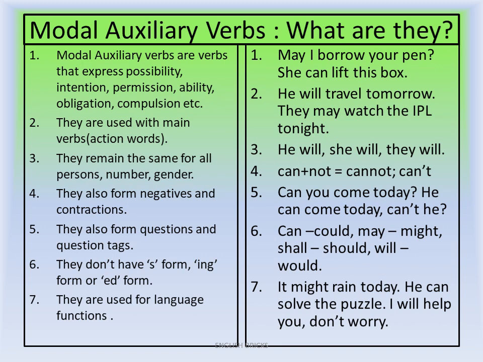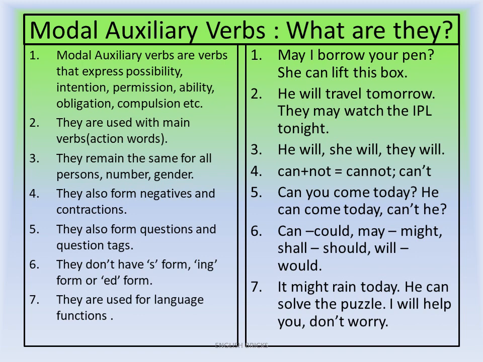So you see these expressing possibility, expressing intention, seeking permission, talking about one's ability, talking about obligation, compulsion, etc., willingness. All of these are nothing but language functions, the functions for which we use language.